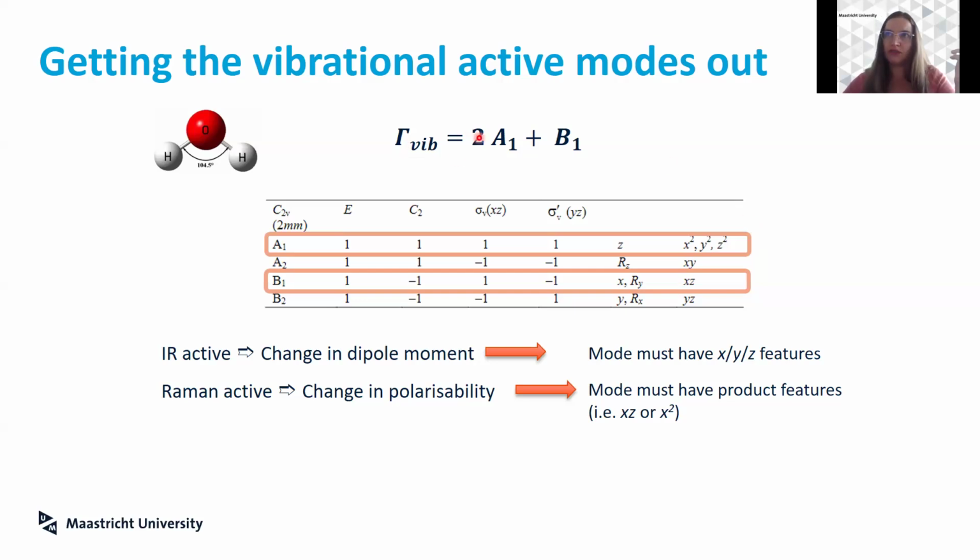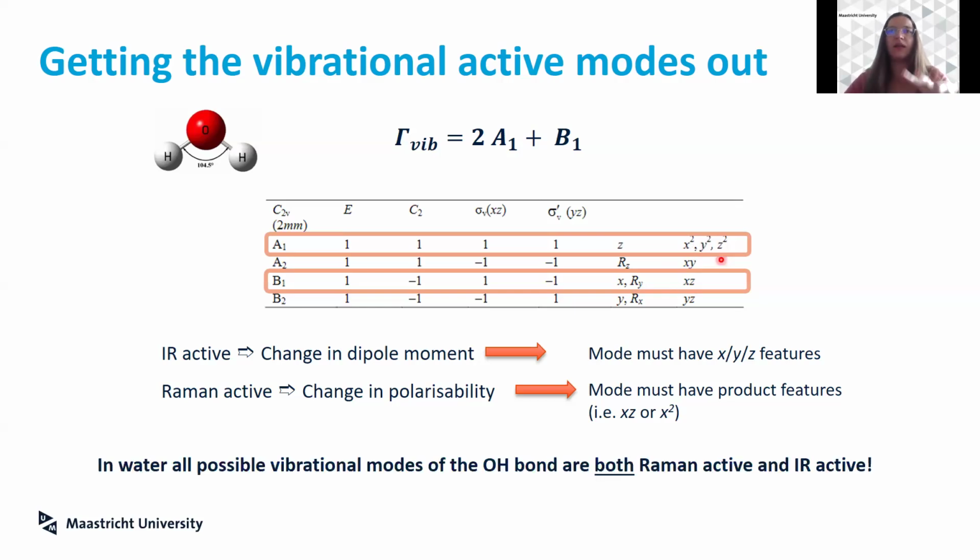These are the modes that we know are there. And you can see that this one is a Z component. This one is an X component. This one is an XZ component. This one is all the possible square products of the axes.